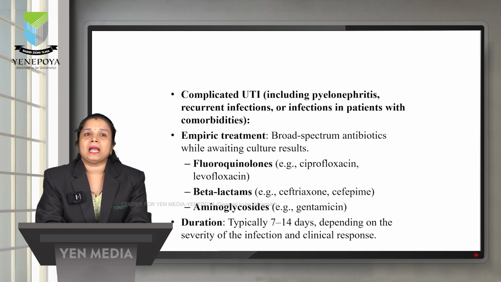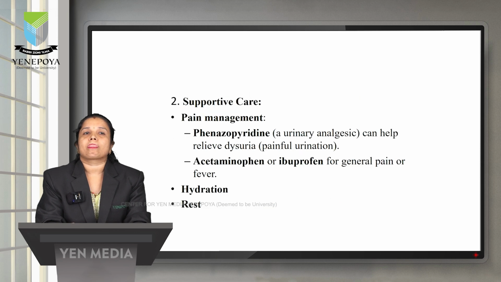Then other than that, aminoglycosides. Here the duration for prescribing the antibiotics is typically 7 to 14 days, depending upon the severity of the infection. That is about the antibiotics, the first line of treatment.